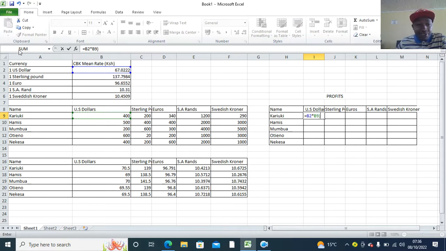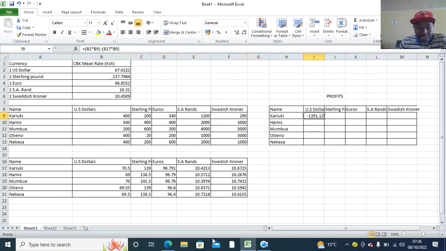That is now the buying price. So it will be the buying price minus, open the bracket, that one multiplied by this, the same, that is the selling price multiplied by the same. Cross the bracket and press enter.